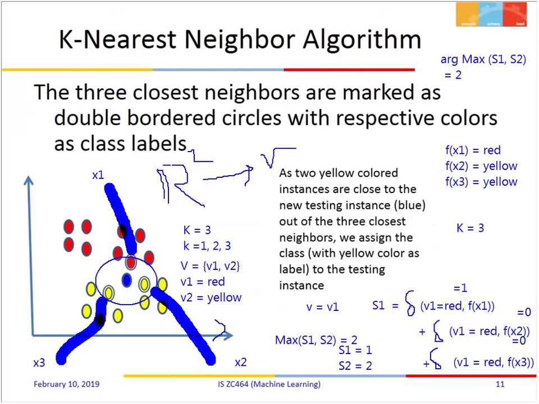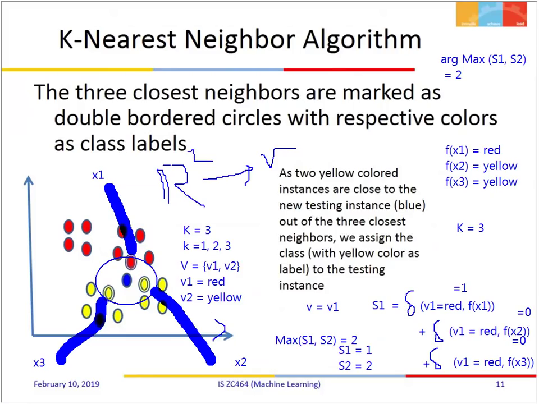The test data is this blue point. Humanly, we are actually finding out the proximities very fast. Two yellow points are closest to the blue point, and one red point is closest to this blue point.